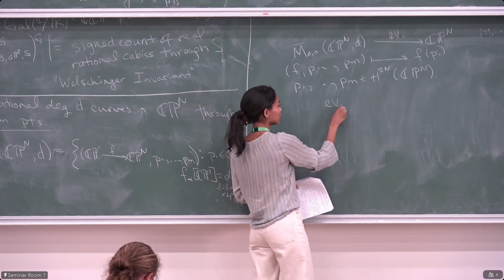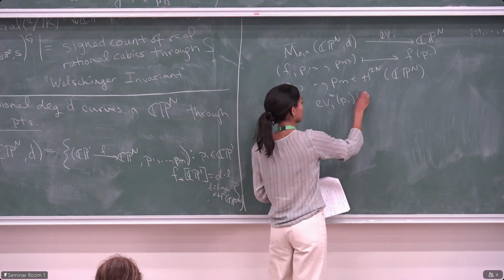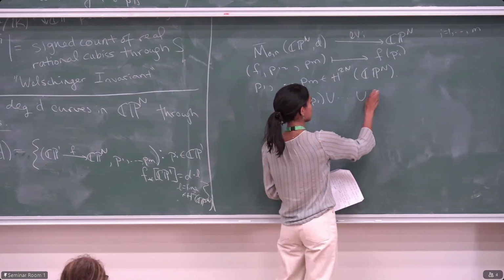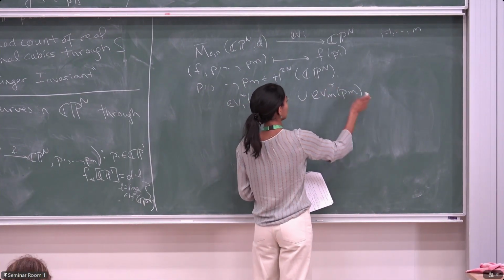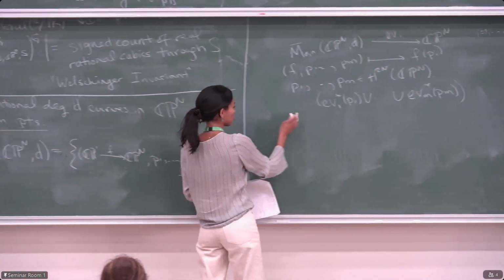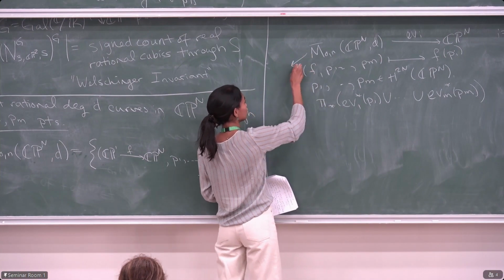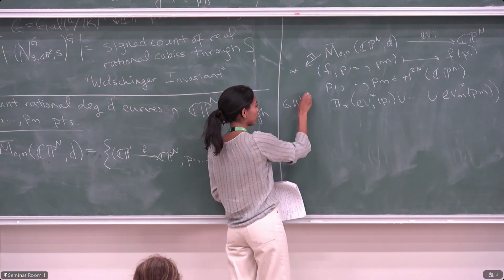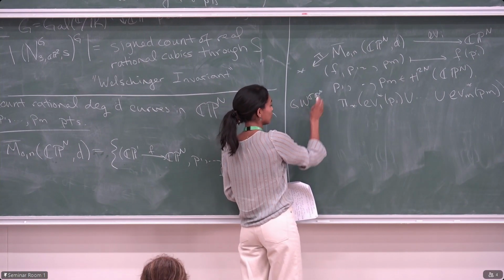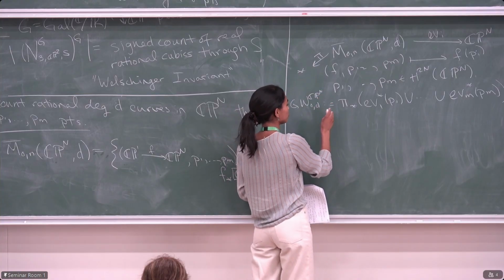We pull back all of the point classes, take the cup product, and we push it forward to a point. And this is how you define Gromov-Witten invariants for Pn, genus 0, degree D.